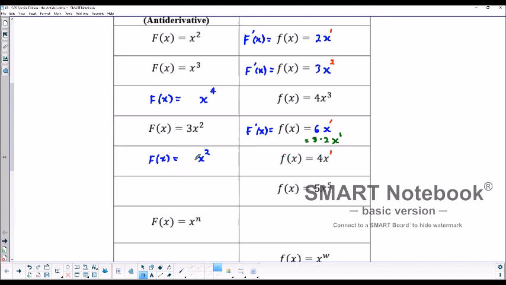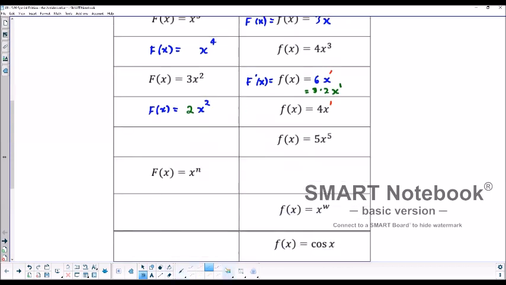So it would normally be 2x, but here we got 4x. So that must mean that there was already a 2 there at the beginning. Now if we differentiate this to check our values, we multiply the 2 times 2 to get 4. We subtract 1 from the exponent to get 1 in the exponent there. So we have to see what was given to then see how we can get that when we would eventually differentiate the antiderivative.